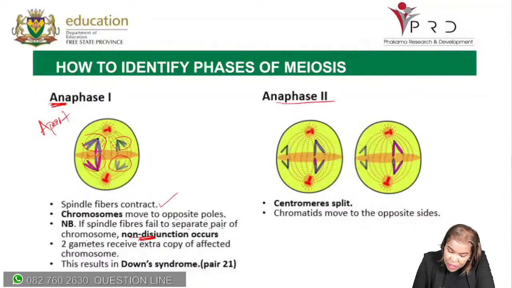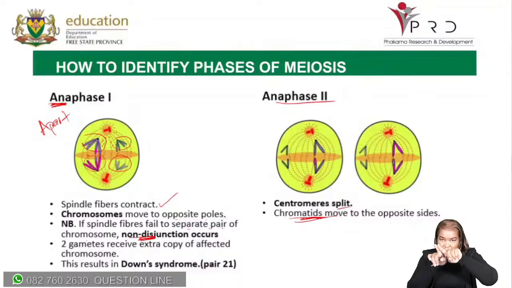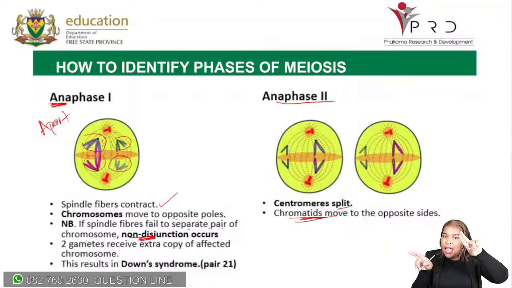Then anaphase 2 is the same thing, but the only difference is what? The centromere is going to split. Then the chromatids. Remember, I said anaphase 1, they move to the opposite poles like this. Anaphase 2, they move to the opposite poles like this as chromatids.